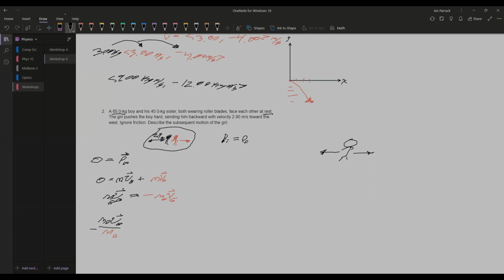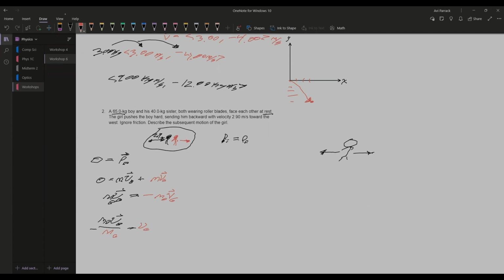That gives us on the right-hand side just v_g. Let me punch that into my calculator real quick. Let's see what we get. The mass of the boy is 65 kilograms, and I'm going to divide that by 40. So that's 65 over 40, multiplied by 2.9 meters per second.